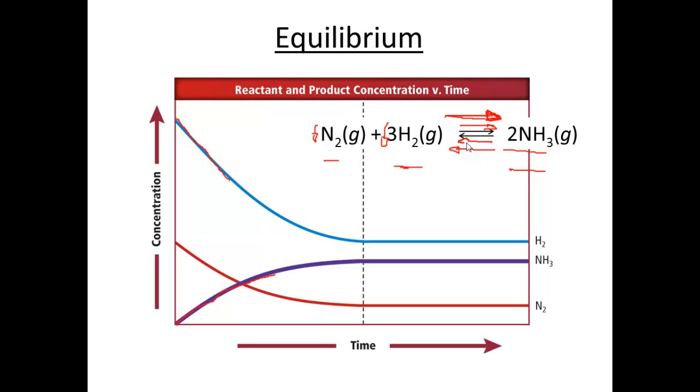At that point, the concentrations of our reactants and products become constant, not equal. They're usually not equal. As you can see, we have more H2 and more ammonia than we have N2. But they do usually remain constant once equilibrium is established.